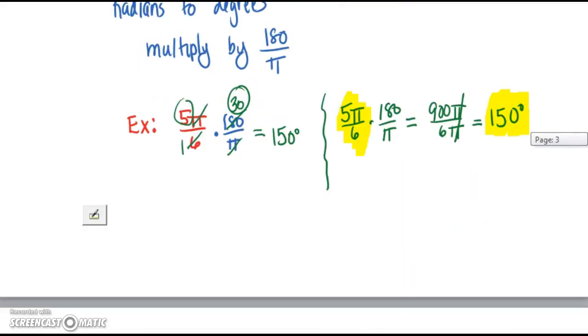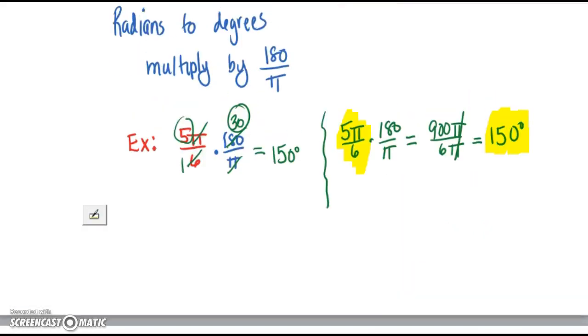Let's do one more example. So again, let's take an angle that's in radians. Let's take, for example, 22 pi over 9, and let's convert it to degrees. So we're going to multiply by 180 over pi.